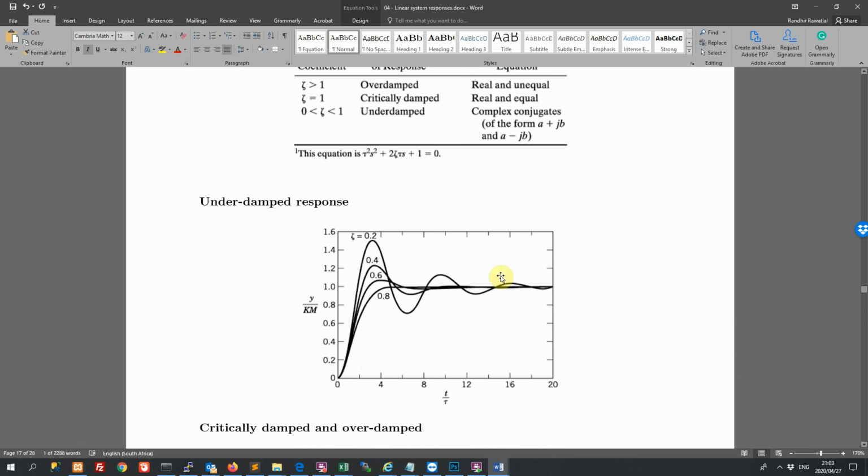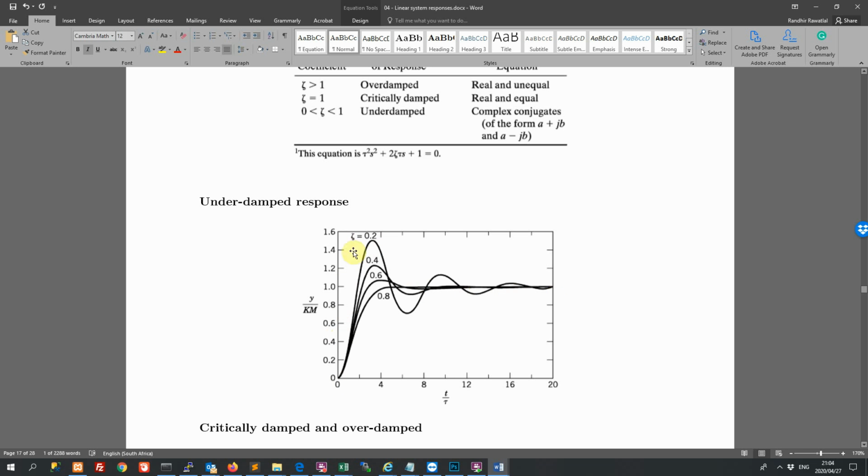So you get an oscillation in the second order case. In the first order case, we didn't get that. In the first order case, we got this exponential saturation, and it settled down peacefully to the new value. In this case, it's going to bounce past the value. It's going to bounce back and then eventually settle down to that value there. So it's going to overshoot the intended final steady value.